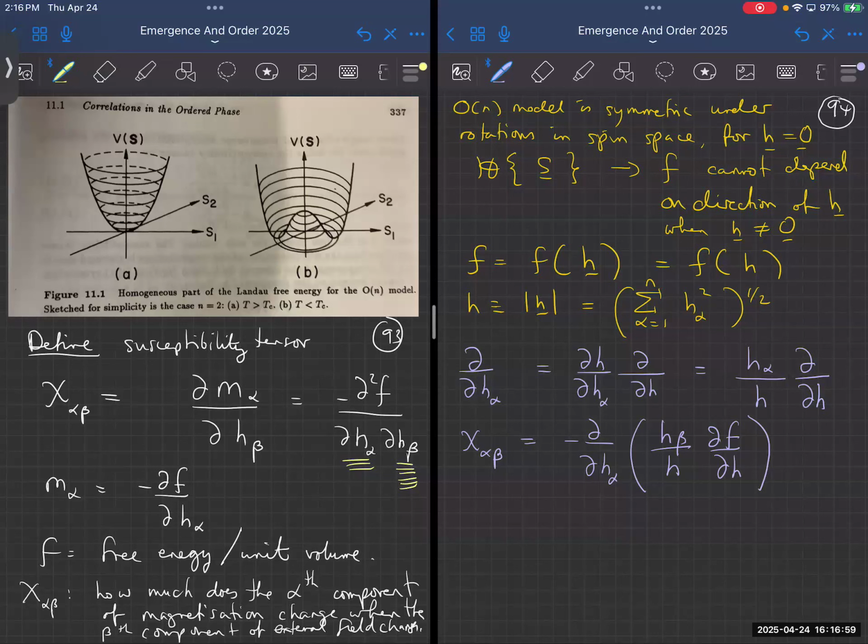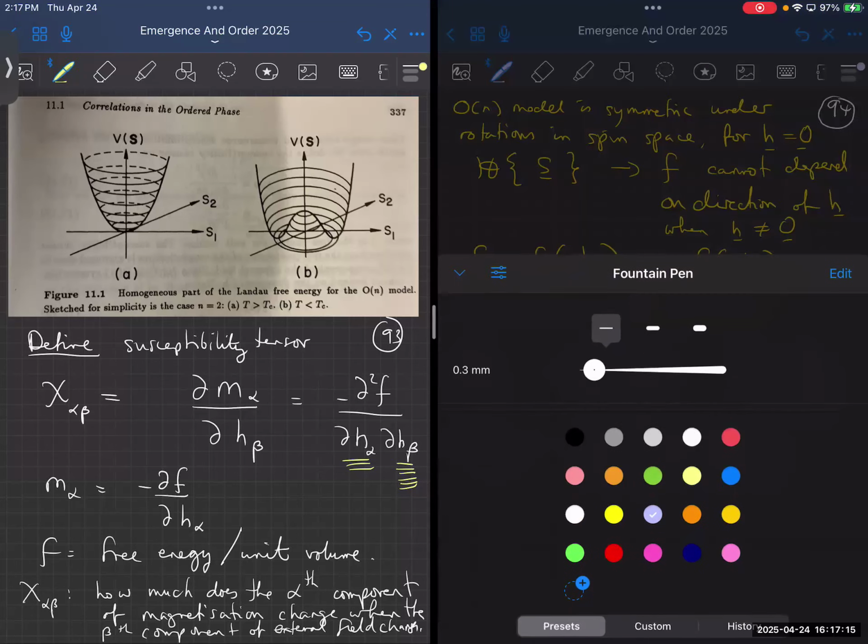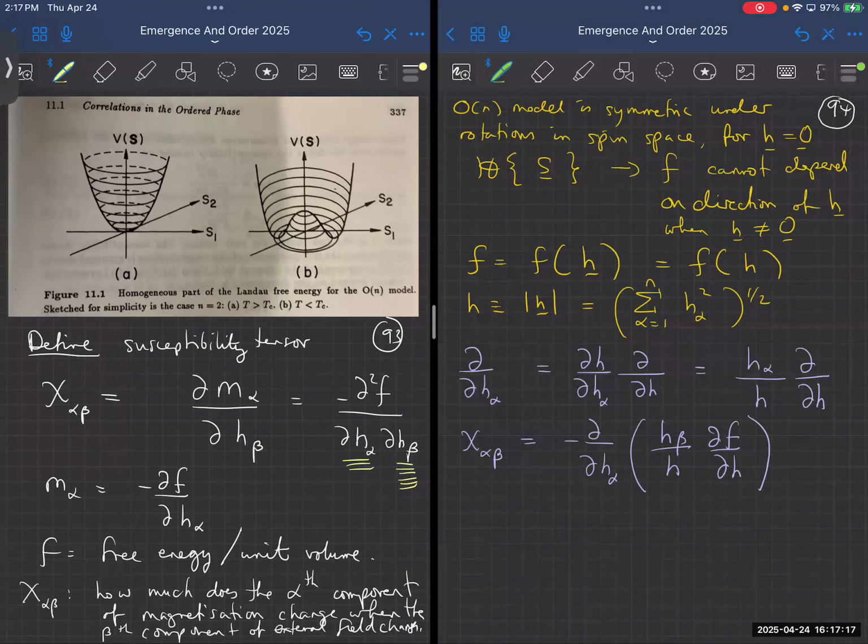And so now I'm going to differentiate these terms. So let's just first of all do a quick quiz. So the first term I'm going to have is d by dh alpha of h beta over h. So let's just make sure that everybody knows what that is. So we're going to have to compute terms such as dh beta by dh alpha.